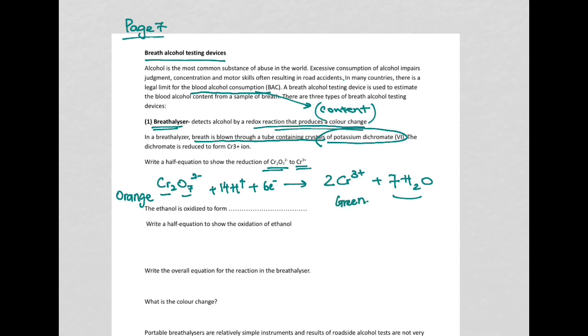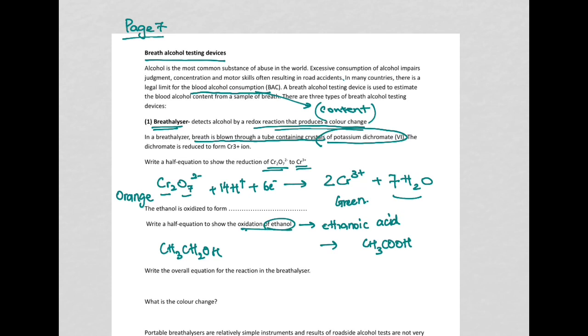And if you look at oxidation of ethanol, ethanol is going to be oxidized. It's an alcohol. It's going to be oxidized to form ethanoic acid. So similarly, I will write the 2 species.